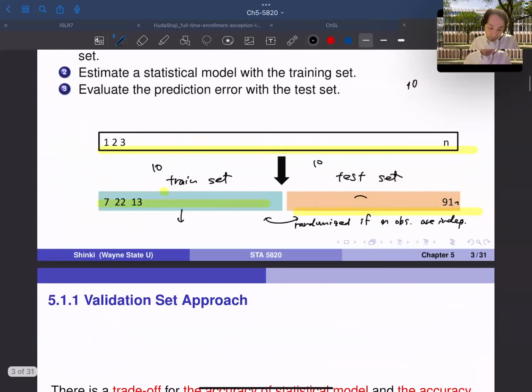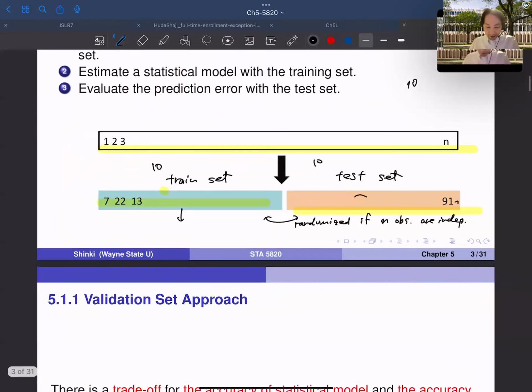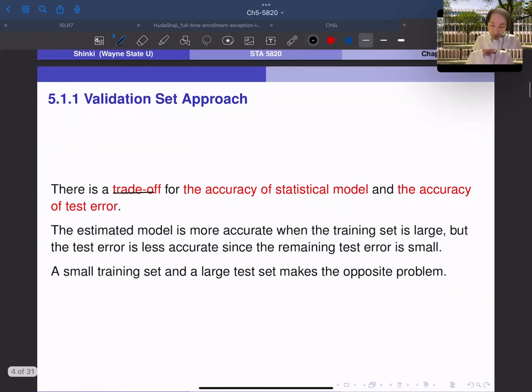And what's the problem of this very intuitive training and test approach? If you estimate this, then you encounter many problems. The fundamental problem is the trade-off between the accuracy of the statistical model and the accuracy of the test error. Suppose you use 90 observations as training and 10 observations as test.